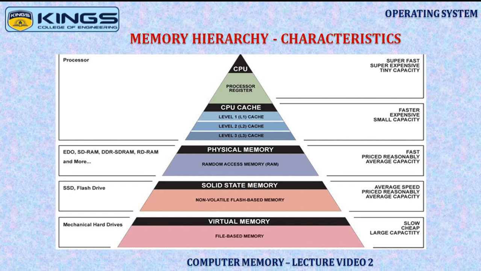Cache has faster access, the main memory unit has fast access, a little slower than the cache, and the secondary storage has the slowest access time compared to the other storage units. And the next factor is the cost of storage units. As we move from bottom to top in the hierarchy, the cost per unit will increase. Internal memory units are costlier than the secondary storage units.